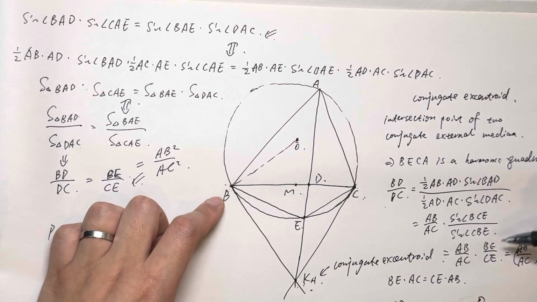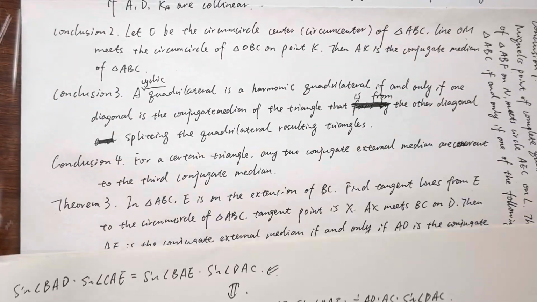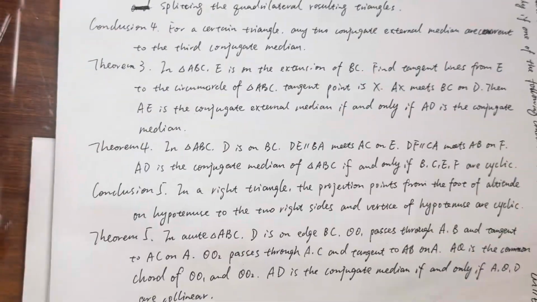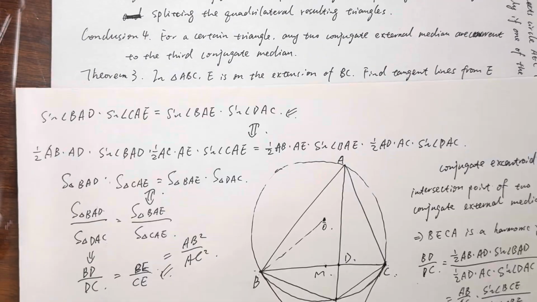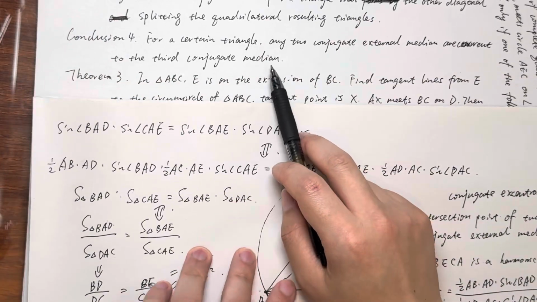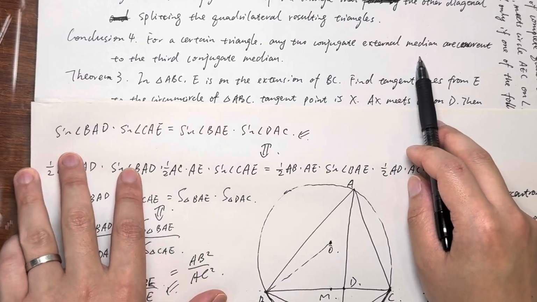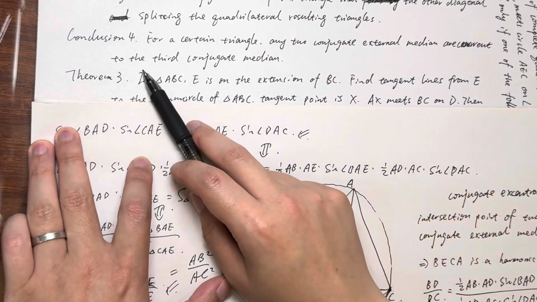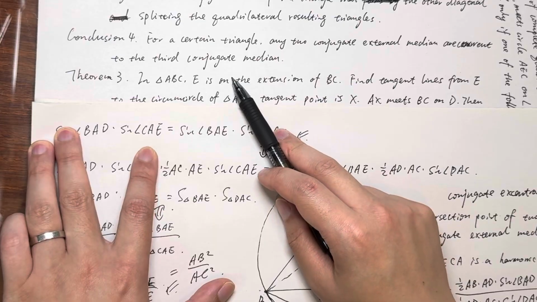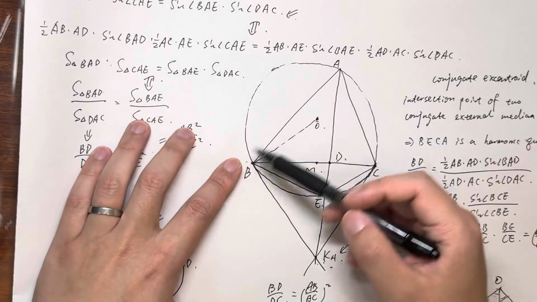We just proved this. All of these steps are reversible, so this is true. And conclusion 4: for a certain triangle, any two conjugate external medians are concurrent with the third conjugate median. This is a triangle.